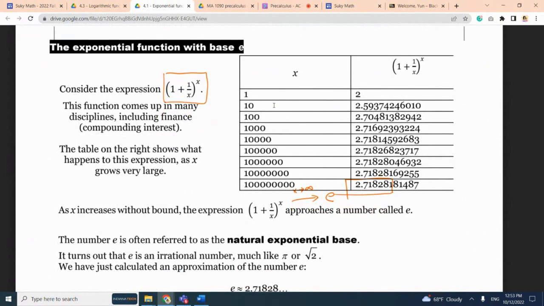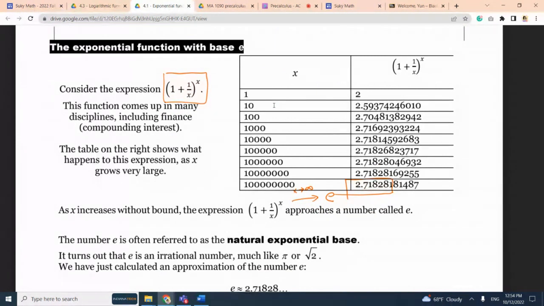Okay, what is e? Have you seen the e before? Okay, yeah. So consider this expression: 1 plus 1 over x to the power of x. This function comes up in many disciplines, including finance, compound interest, population growth and decay, right? Chemistry, chemical decay, right? Half-life, those stuff.